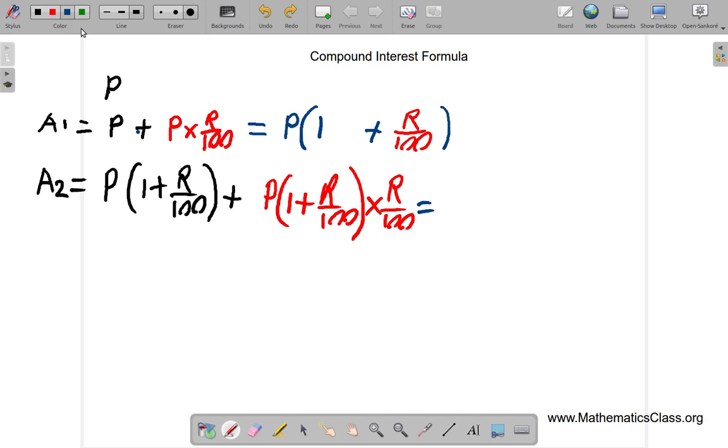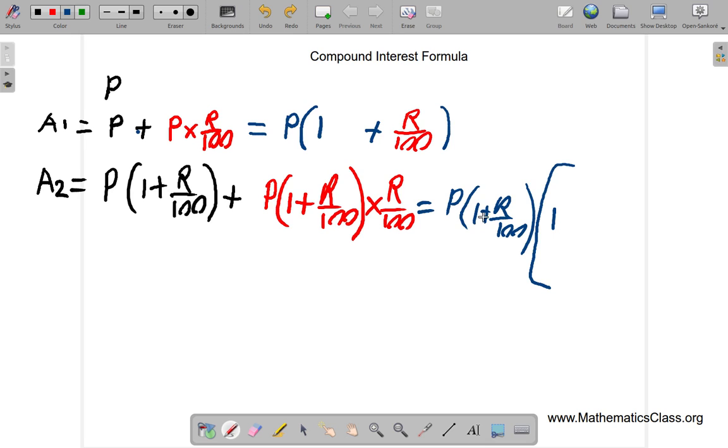Alright, so we say P times 1 plus R over 100, and our new bracket is 1.